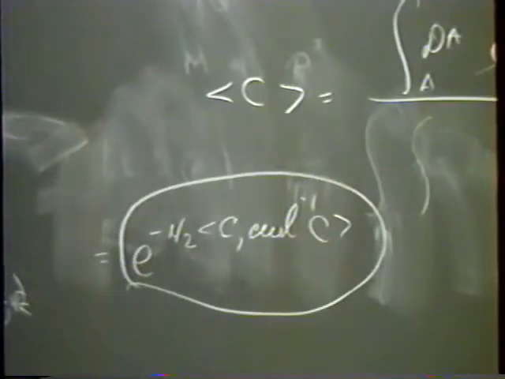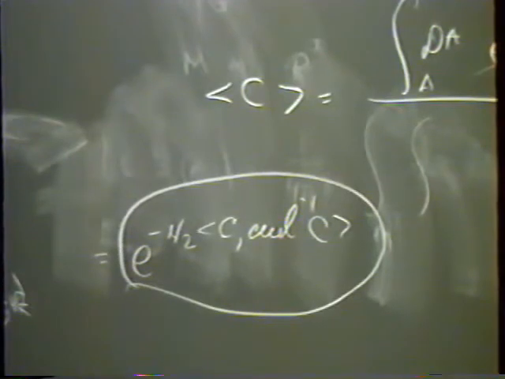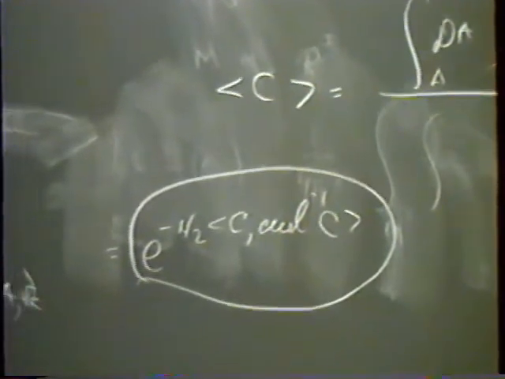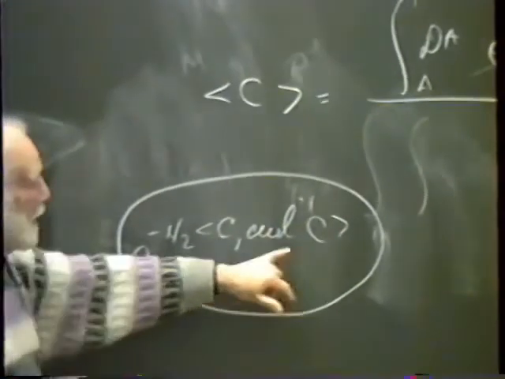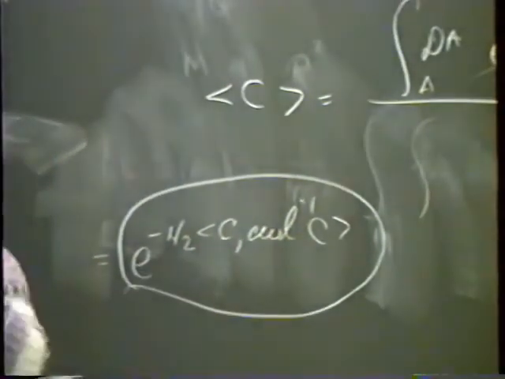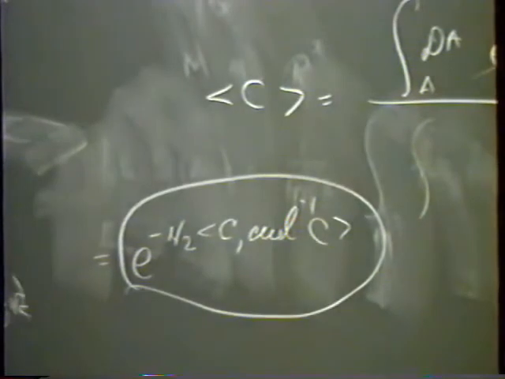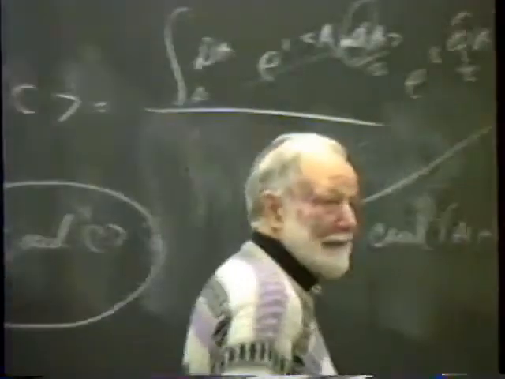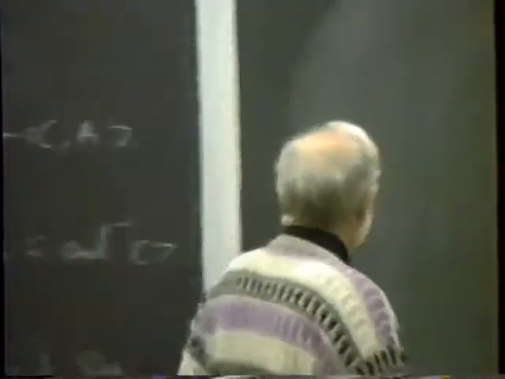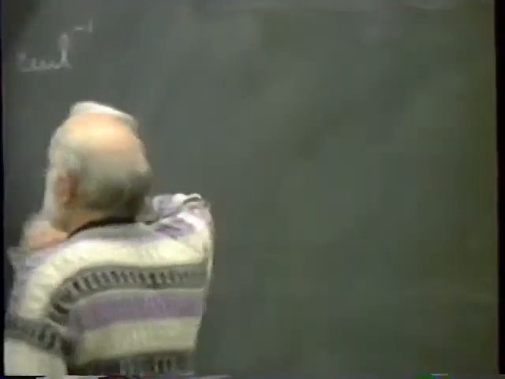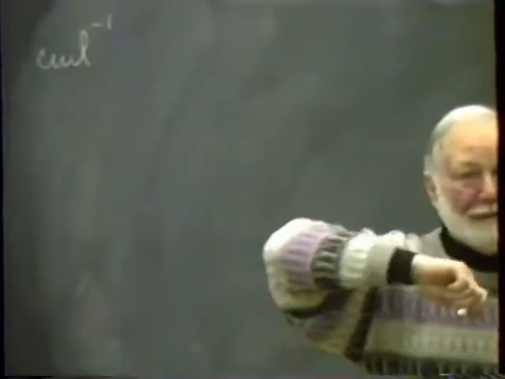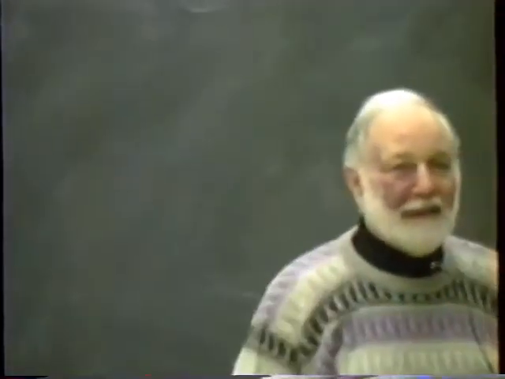So we can integrate, providing we now can make sense of this. So purely formally, in the abelian case, we end up with this as the answer if I can make sense out of this expression. Now let's see what the problem with that expression is. I guess you can see over here. We need to know what curl inverse is as an operator and what curl inverse C inner product C is.